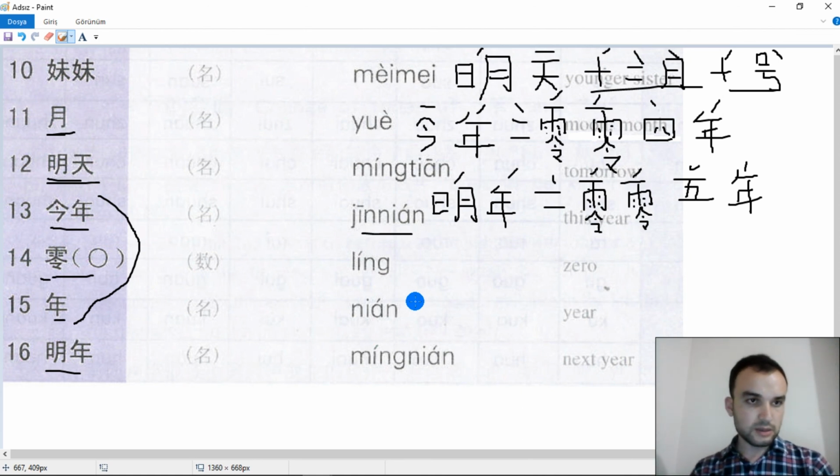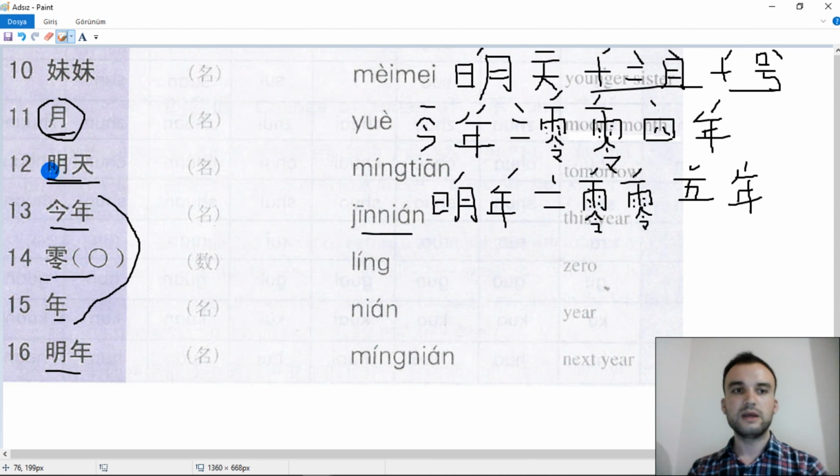Okay, guys, did we talk about the similarity between characters? For example, here, if you know yue, this one is ri. In the previous unit, in chapter 2, we learned ri with the same meaning.